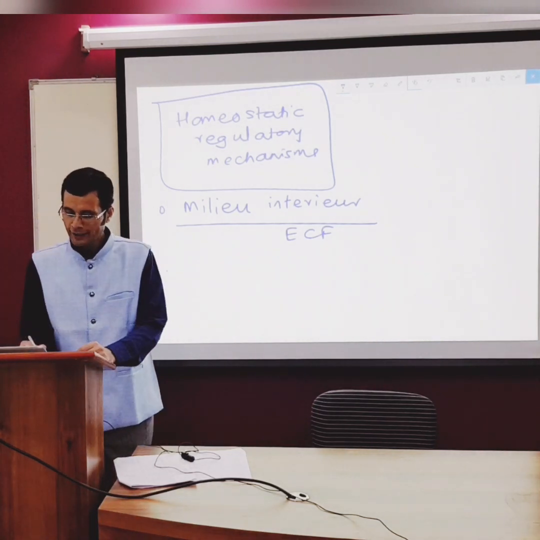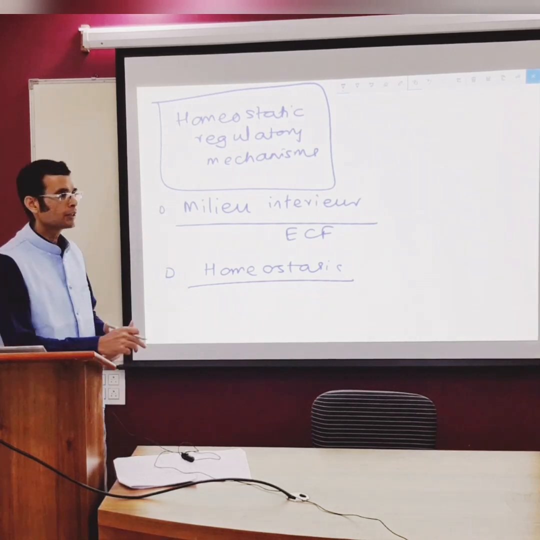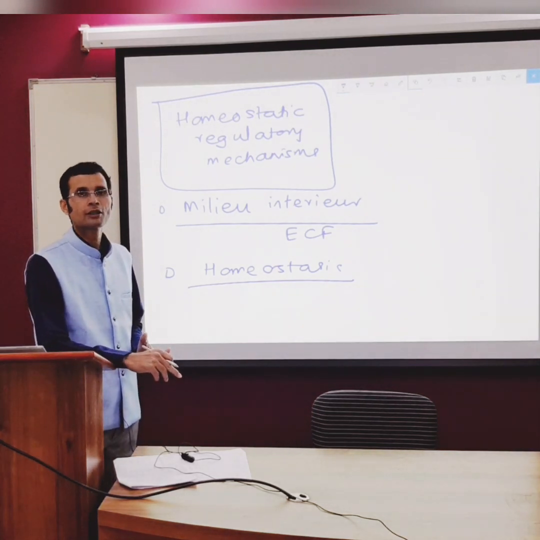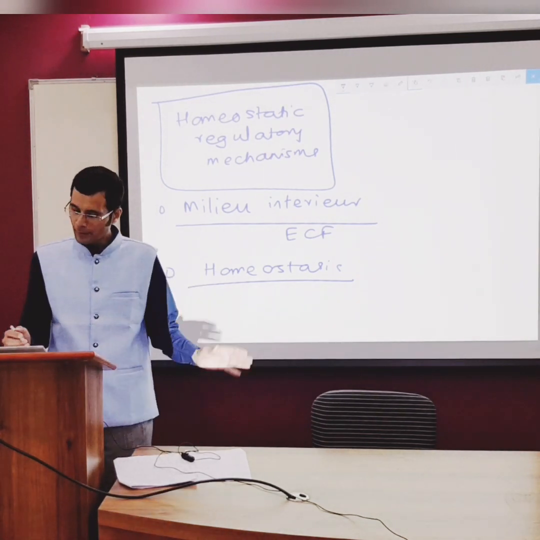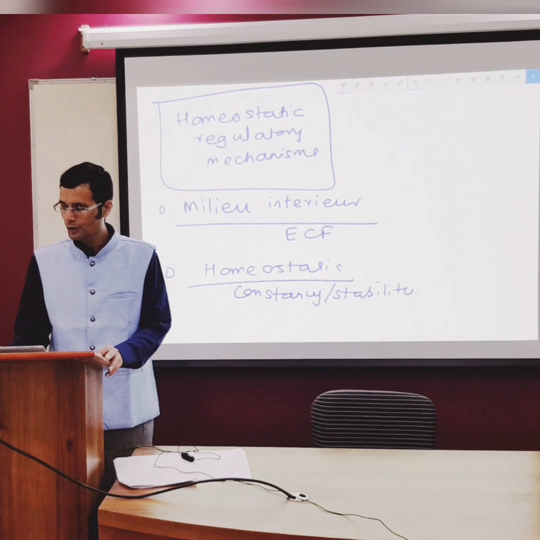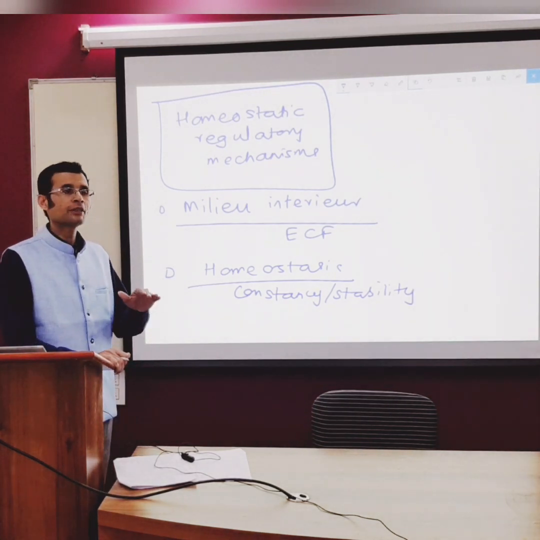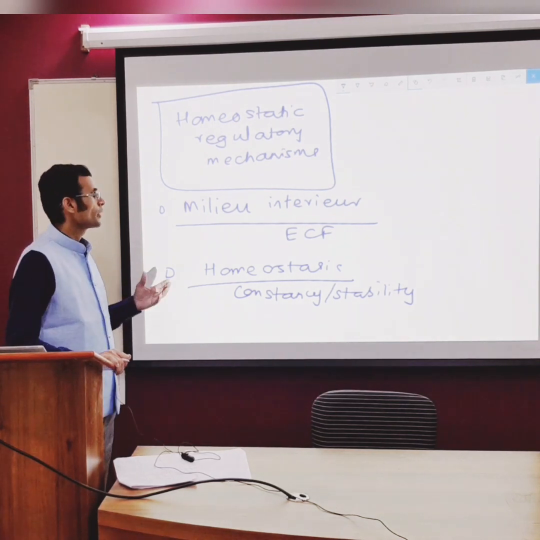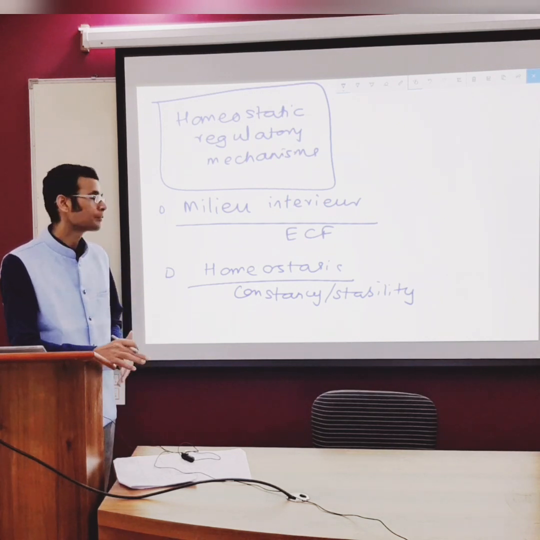Now, second definition, the homeostasis. This term is attributed to another well-known physiologist, Walter B. Cannon, and this means maintaining the constancy or stability of the milieu interior. The milieu needs to be kept stable and constant, because then the cells will function optimally.